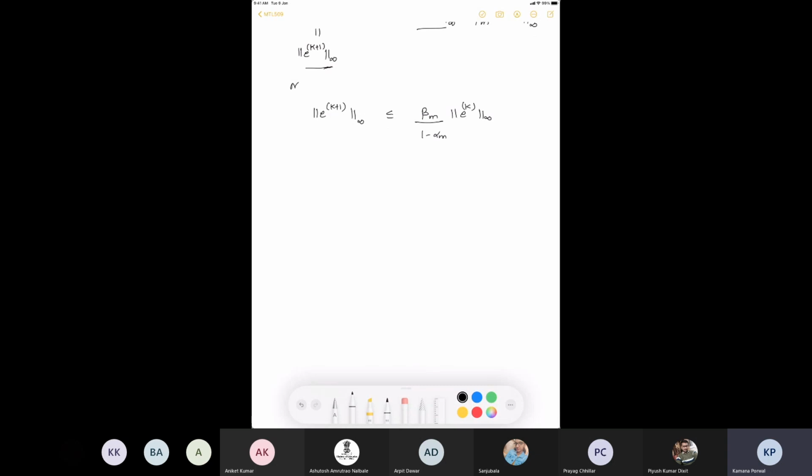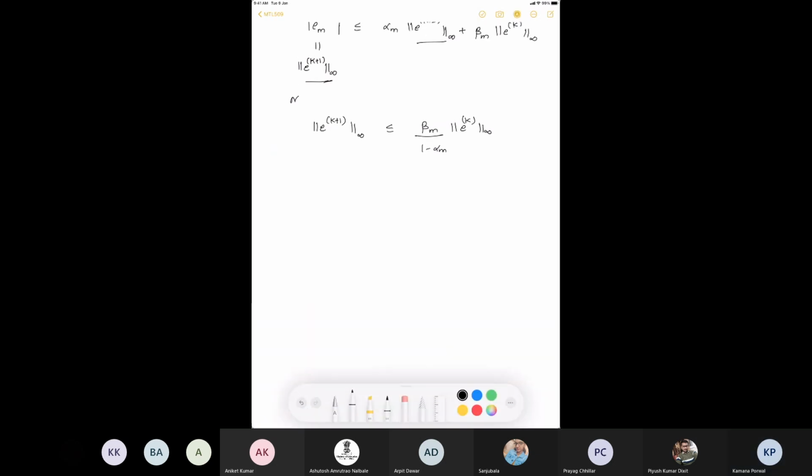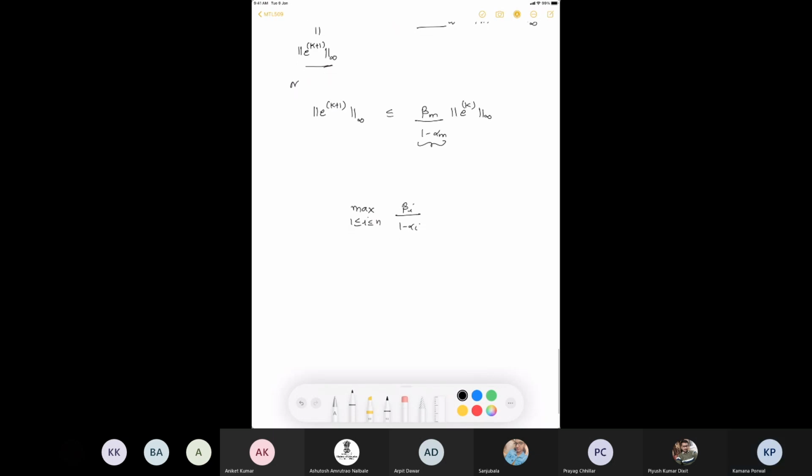All right, so now we have got this factor here. So let's do a further simplification. If I take the maximum of all these factors, that is, I'm taking the maximum over all the i's, let's call it some parameter. Let's define it by eta. Okay.